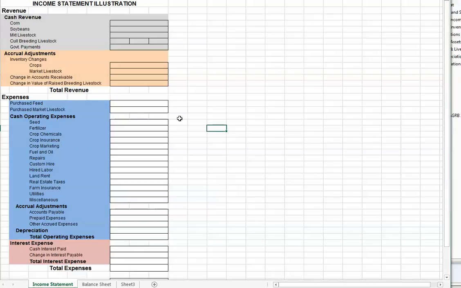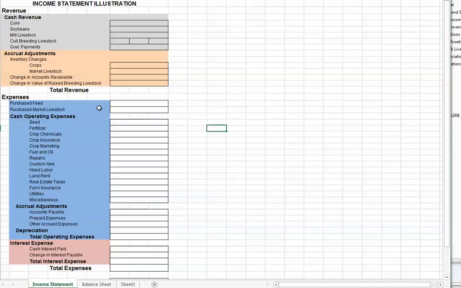We'll talk more about that when we talk about income tax, but it's a way to keep separate accounting for livestock, like when you purchase steers at 400 pounds, keep them until they weigh 800 pounds, and resell them. That's a little different than raising that steer on the ranch and then selling it. So purchase feed and purchase market livestock is usually kept in a separate category, even though they are still operating expenses and they still represent a cash expense. They're just listed separately so that you can pull those numbers out later and use them in some of the analysis.